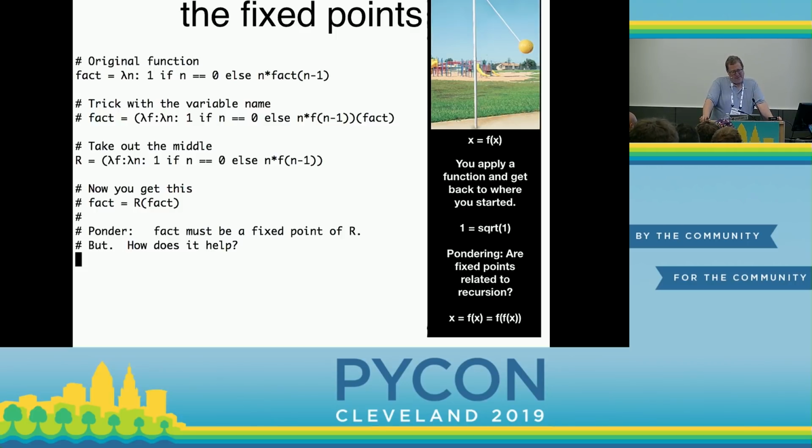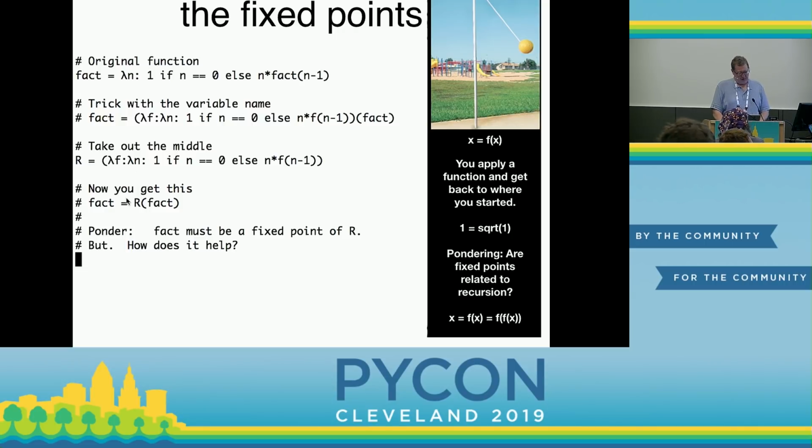It's kind of an identity: you give something, you get the same thing back. And R is also a function, right? So does that mean there are other fixed points of it, or just one? I think there may be infinite fixed points of R.